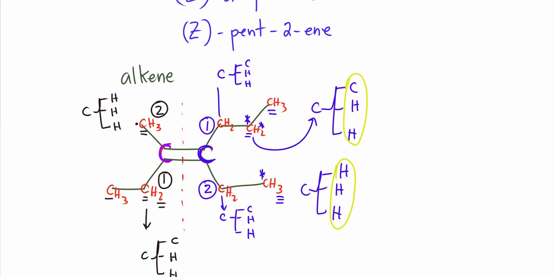So for your left, number 1 is going in that projection. On your right, your priority 1 is going in that projection. So they are opposite, okay? So when we have opposites, that gets the E configuration. E configuration.